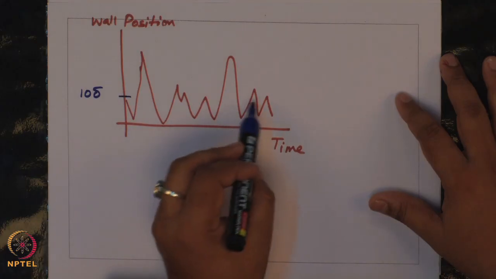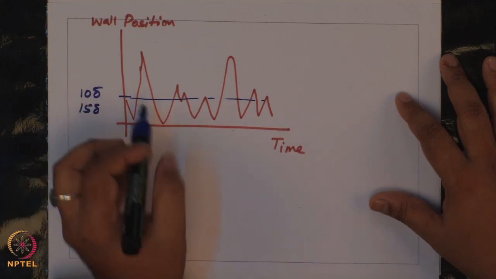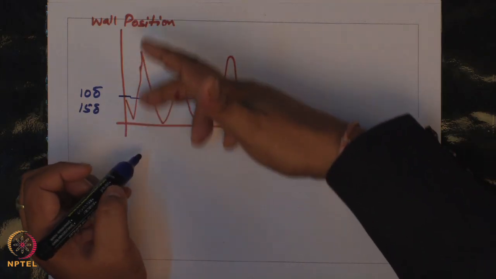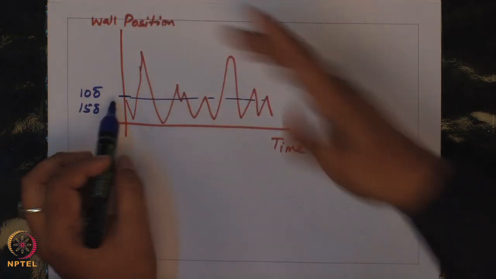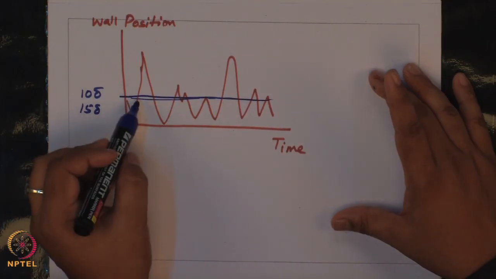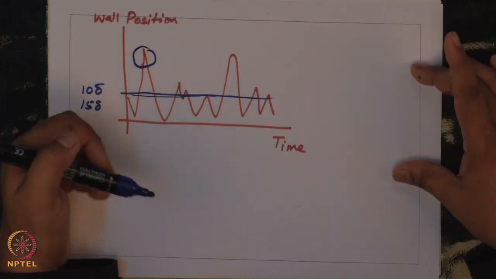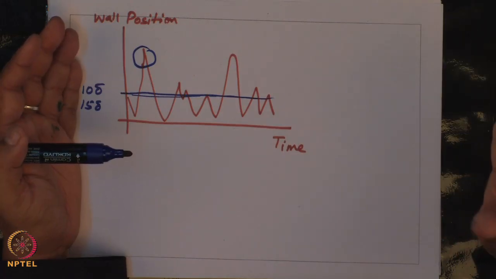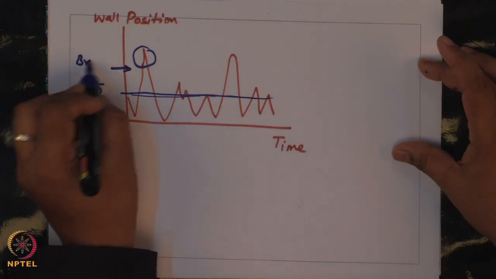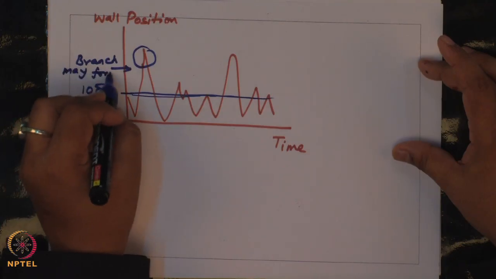Okay. In that case, multiple times 10 delta or 15 delta, you will see every once in a while the position of the wall is much beyond this distance at which branching is triggered. So, every time the wall position gets pushed beyond the branching distance, there is a new branching event. Okay. A branch will form or may form, because you have a finite probability.